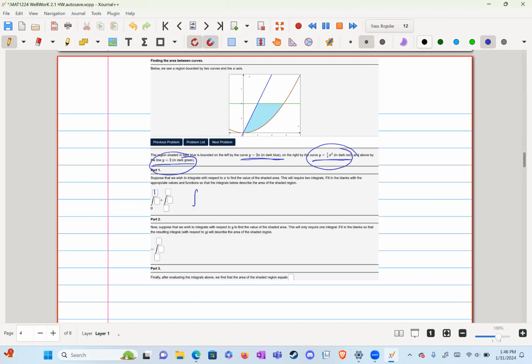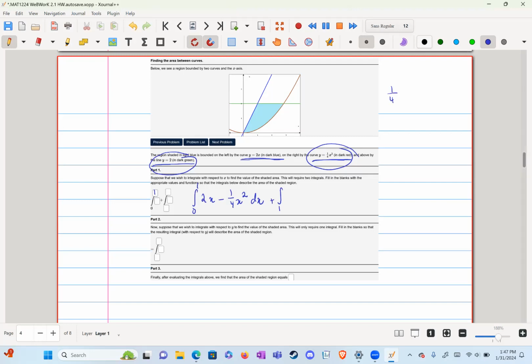Let's write it down actually first. 0 to 1 of 2x minus 1/4 x squared dx plus integral from 1, and we don't know yet, so we're going to find that out.